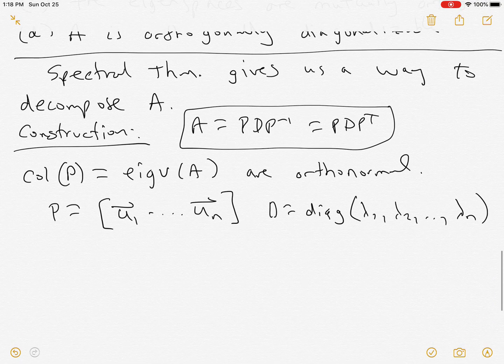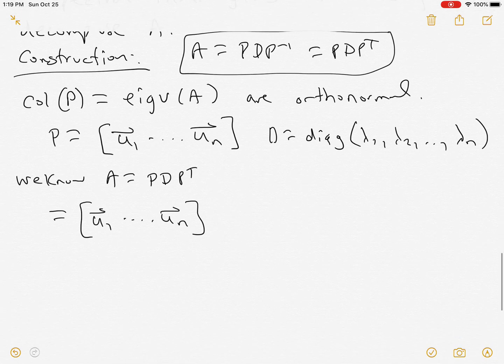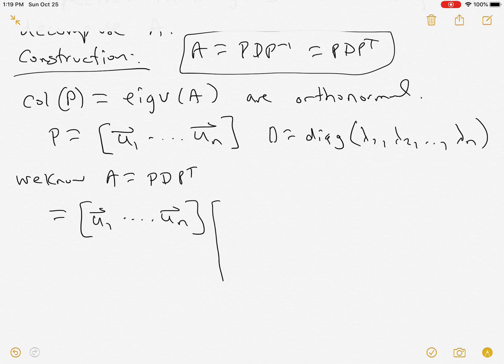Okay, so we know that A is equal to PDP transpose. Because it's in column form, it's nice. We have U1, UN, and then so that's P, and then D is going to look like this.